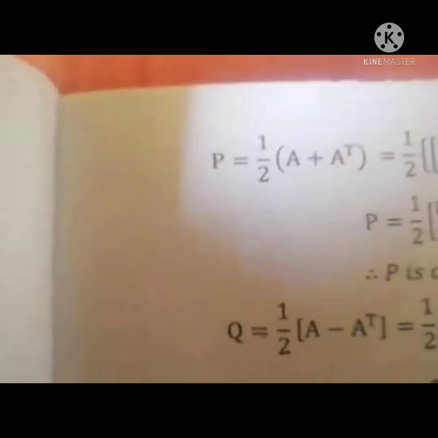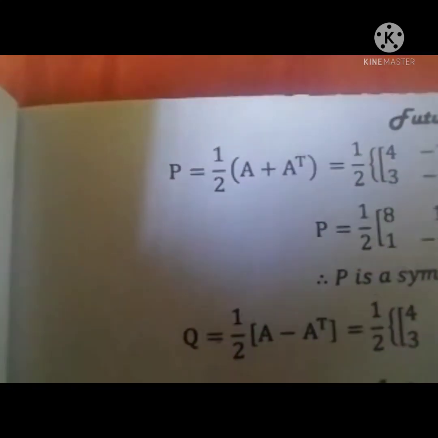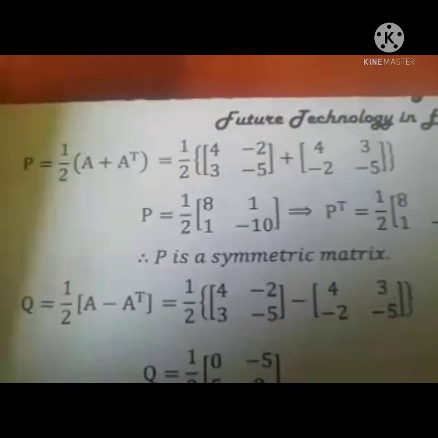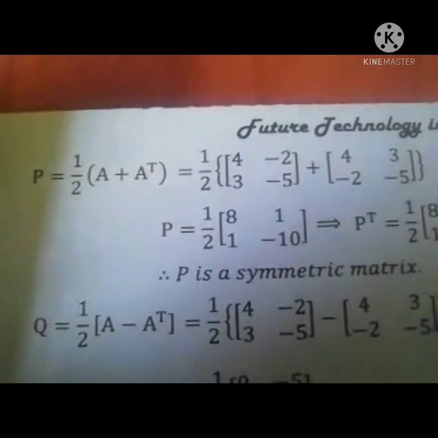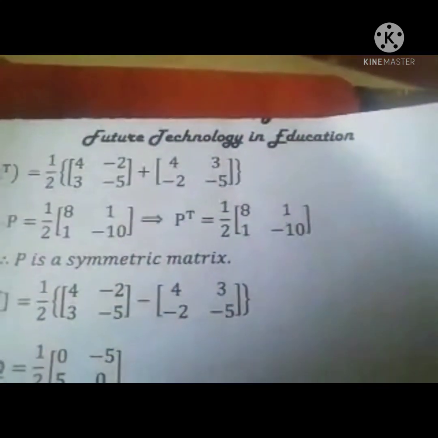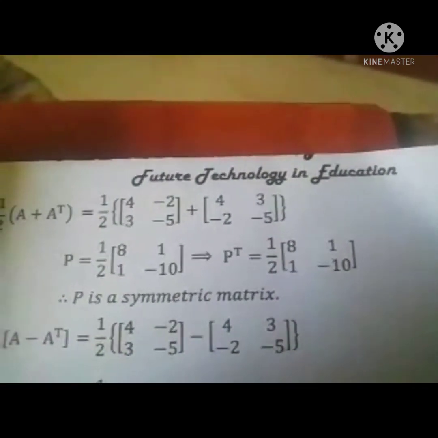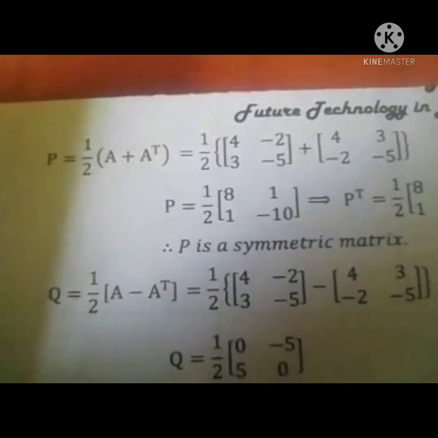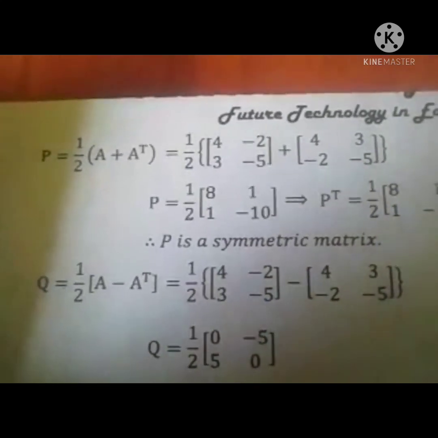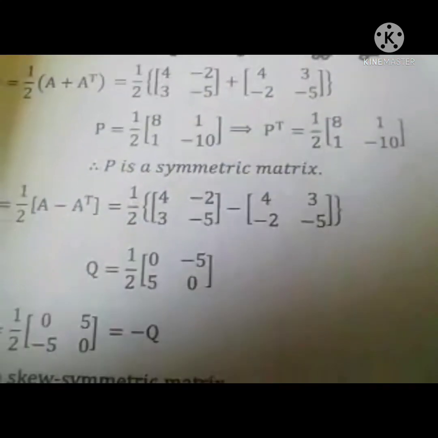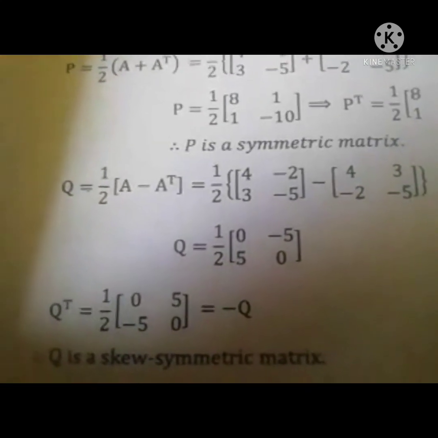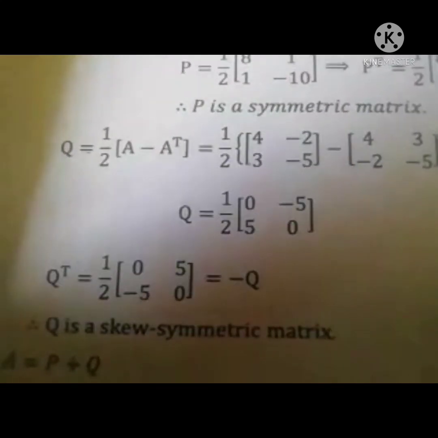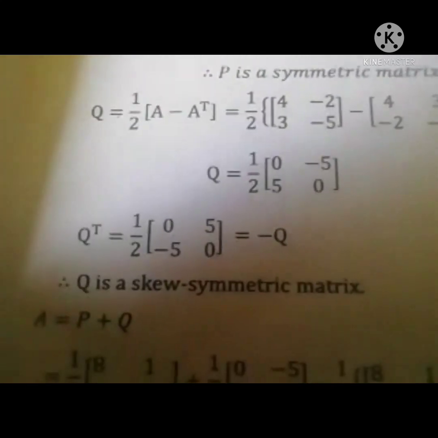First of all, you can find P. P means 1 by 2 (A plus A transpose). So we get this answer. P equal to 1 by 2 8 1 1 minus 10. We can find P transpose, so P is a symmetric matrix. And then we take Q equal to 1 by 2 (A minus A transpose). We get this form. Then Q transpose gives the answer minus Q. So Q is called a skew symmetric matrix.